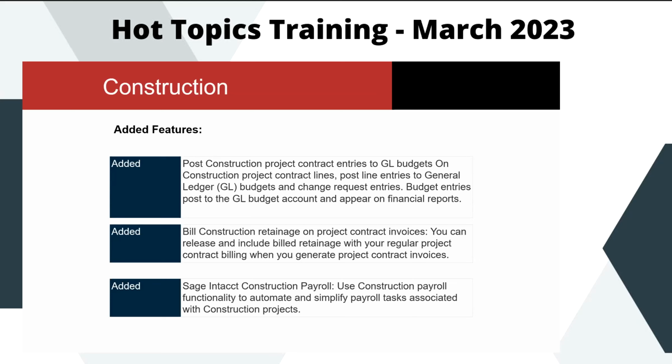Also added, which is a great addition, is Sage Intacct Construction Payroll. You can use construction payroll functionality to automate and simplify payroll tasks associated with your construction projects. Some of the payroll uses are, you can now use this to help with the state payroll needed in relation to any union or non-union organization.